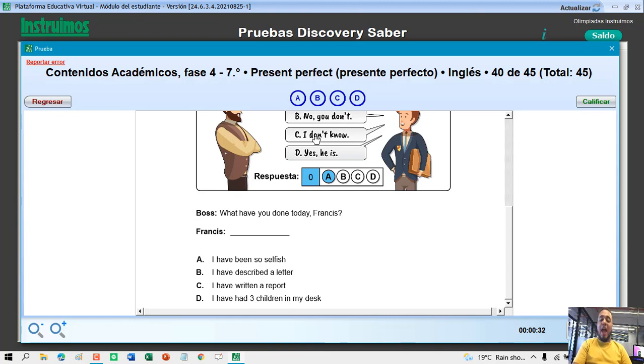B option, I have described a letter. Yo he descrito una letra, una carta. No parece cierto. Number C option says, I have written a report. Oh, yo he escrito un documento. Puede ser. And the third one is the D one, the option says, I had 3 children in my desk.